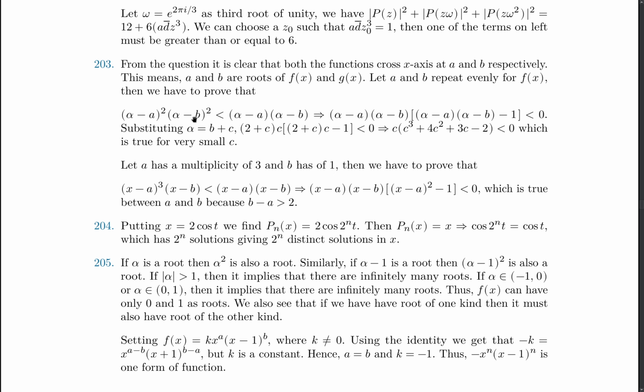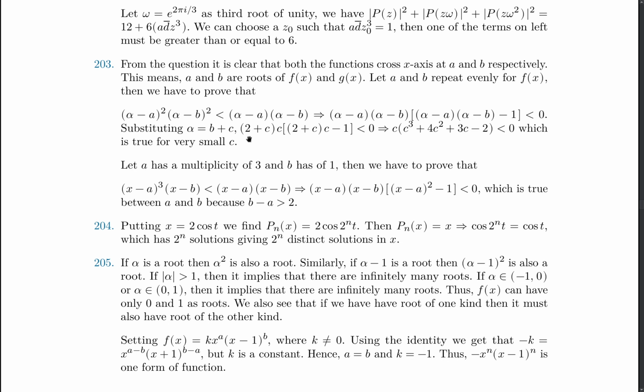Now, since these are monic polynomials, we can write that (alpha minus a) whole square into (alpha minus b) whole square is less than or equal to (alpha minus a) into (alpha minus b). So we have (alpha minus a) into (alpha minus b) into [(alpha minus a) into (alpha minus b) minus 1] less than or equal to 0. We substitute alpha is equal to b plus c.